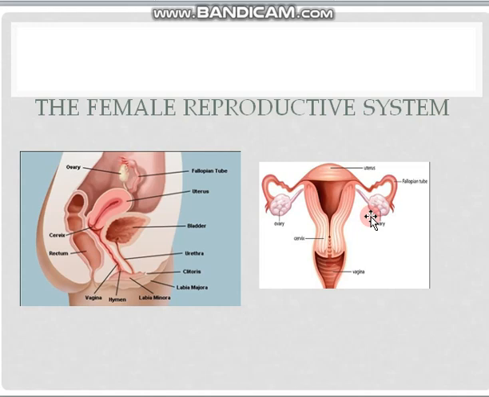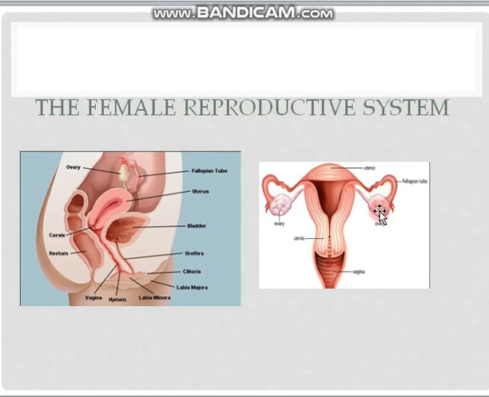The main function of the ovaries is to produce the female gametes, which is the sex cell, also known as the egg or the ova. Now, a single one is called the ovary, and two or more are referred to as ovaries. So singular is ovary, plural is ovaries.